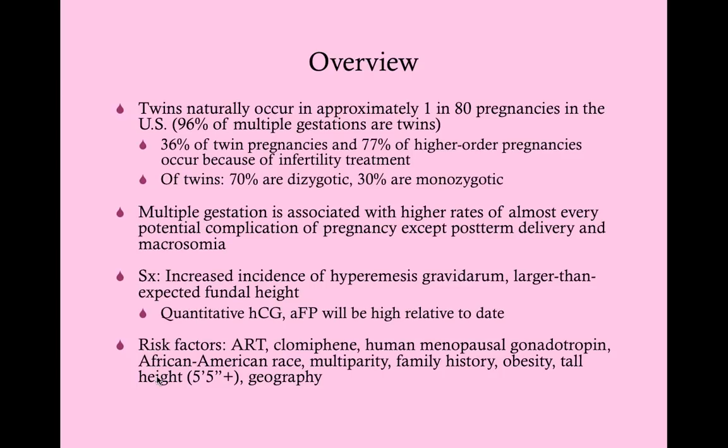Risk factors for twinning. So as I said, assisted reproduction, clomiphene, also known as Clomid, human menopausal gonadotropin, also known as Pergonal. These things are big risk factors. We see in a lot of these assisted reproduction, in vitro fertilization, there are multiples.